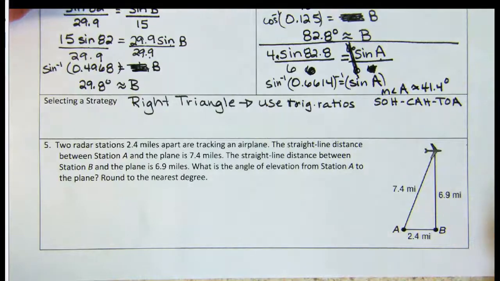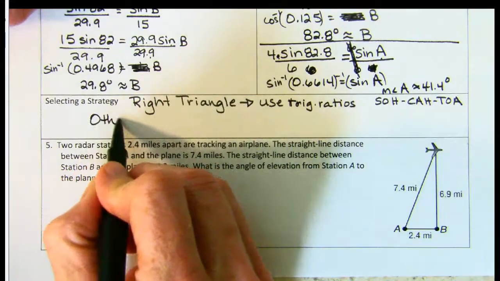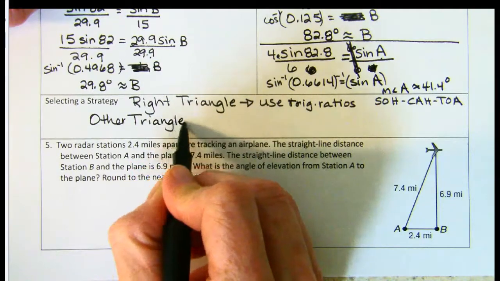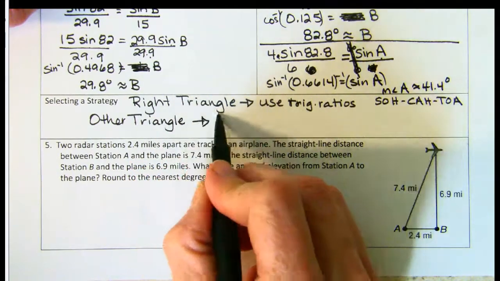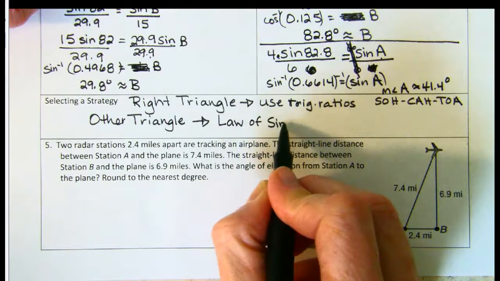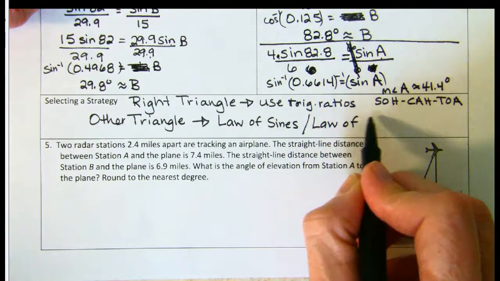You can also use your Pythagorean theorem, your geometric mean, your special right triangles, similar right triangles. We've done a lot of things with right triangles. Now, if you are given other triangles, so this is non-right, then your options must be, first, look to use law of sines. Second, you're going to look for law of cosines.